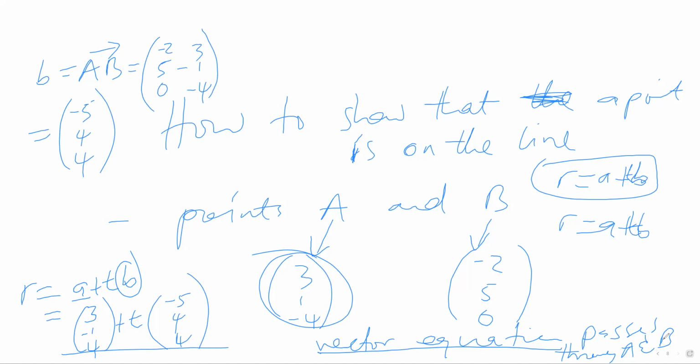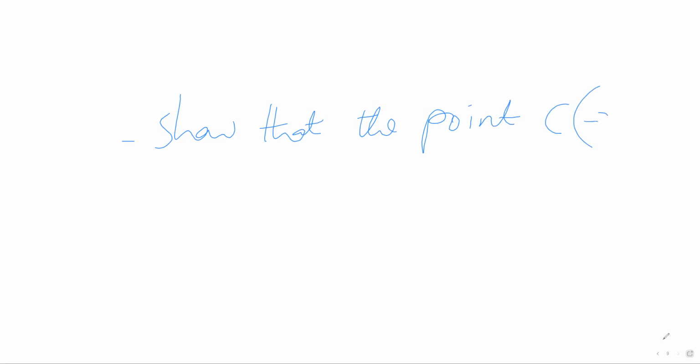And so the second question is saying that we want to show that the point C, given by (-12, 13, 8), lies on the line.